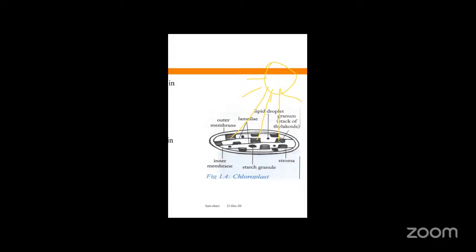And then we have the stroma. The stroma is the white part, on the inside, this whole white part there. So the white part, which is the stroma, carries out another stage of photosynthesis, which we call the dark stage. Okay, we're going to look at that when we'll be looking at nutrition in plants.